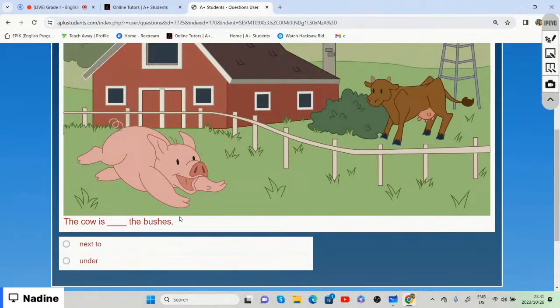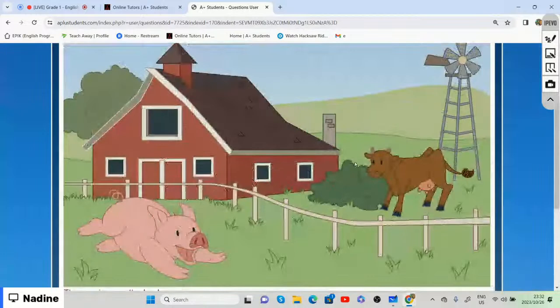So the cow we can say is next to the bushes, because here we have the cow and here we have the bushes.